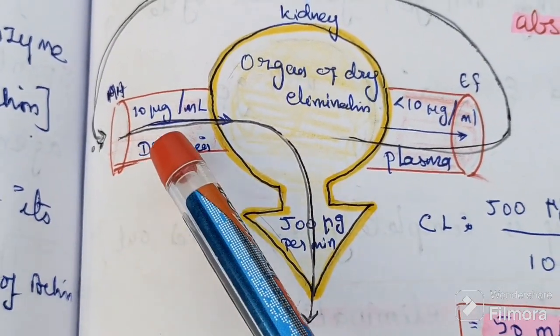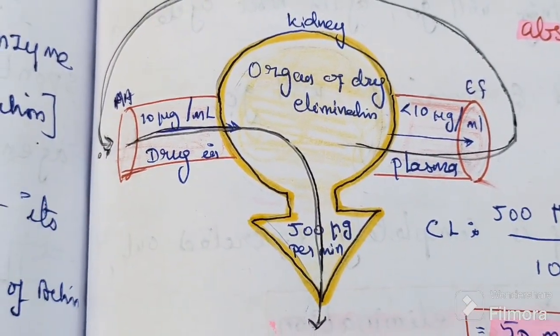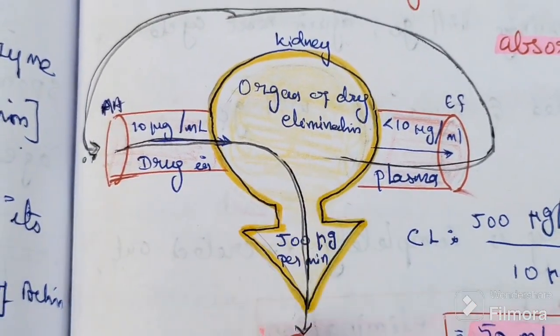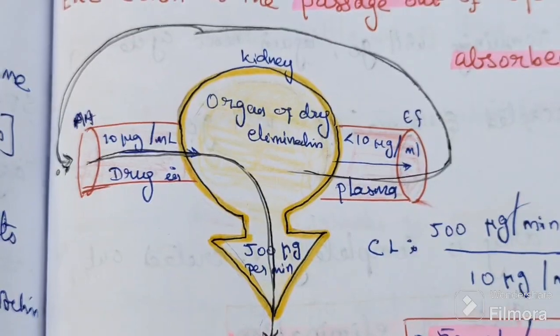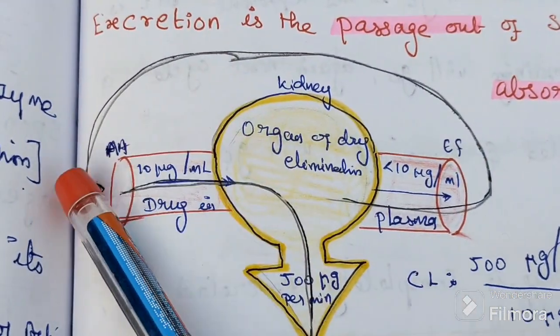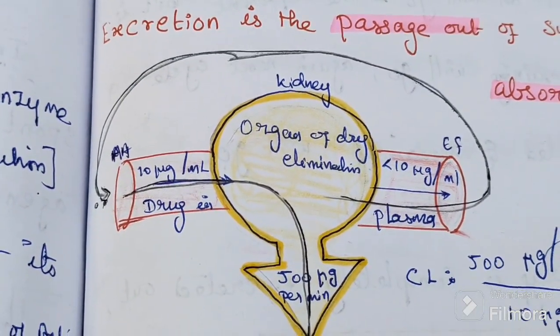Inside this arteriole, these are the drugs. When blood goes to the kidney, a portion of the drugs is excreted in the urine, and the remaining portion will come back to the efferent arteriole.